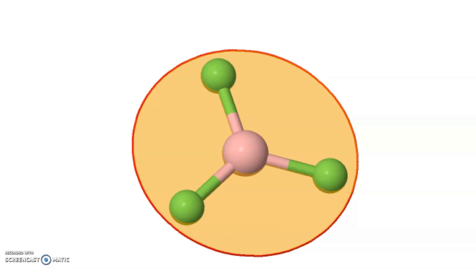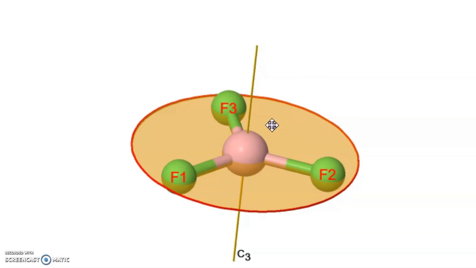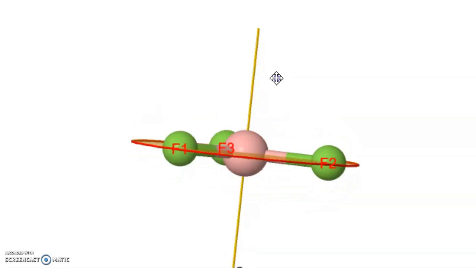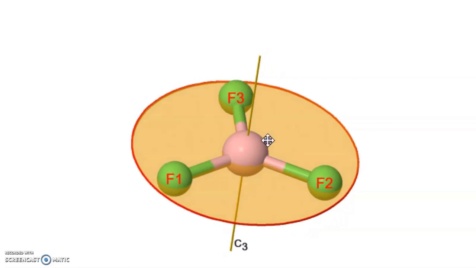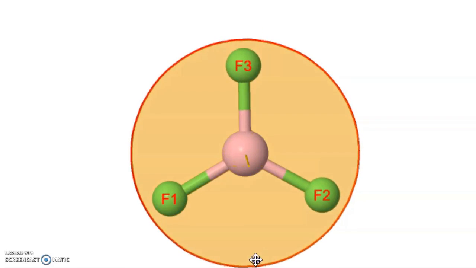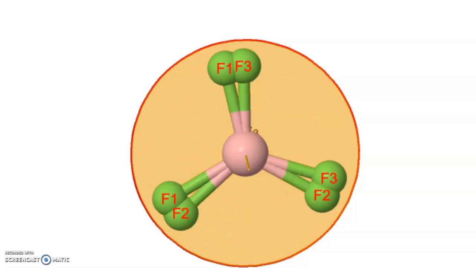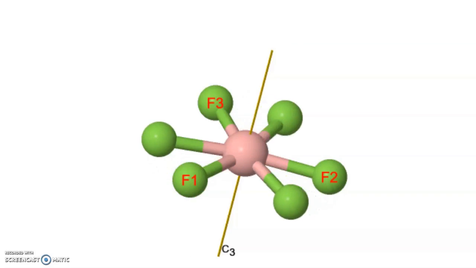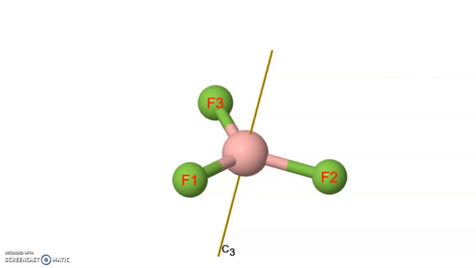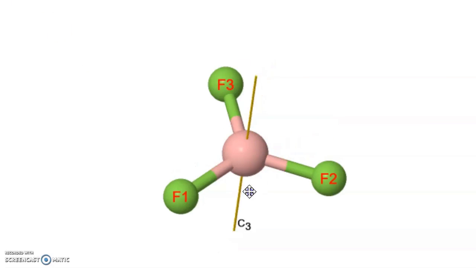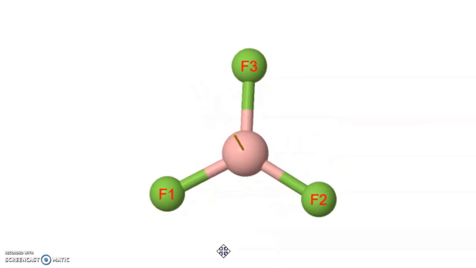Now if I label each fluorine atom as F1, F2 and F3 and start rotating the molecule in clockwise direction about an axis passing through the center of the boron atom and perpendicular to the molecular plane at an angle of 120 degrees, then you can see that the first fluorine atom goes to the position of the third fluorine atom, and the third one goes to the position of the second, and the second goes to the position of the first fluorine atom. And since the axis is passing through the center of the boron atom, it doesn't move at all.